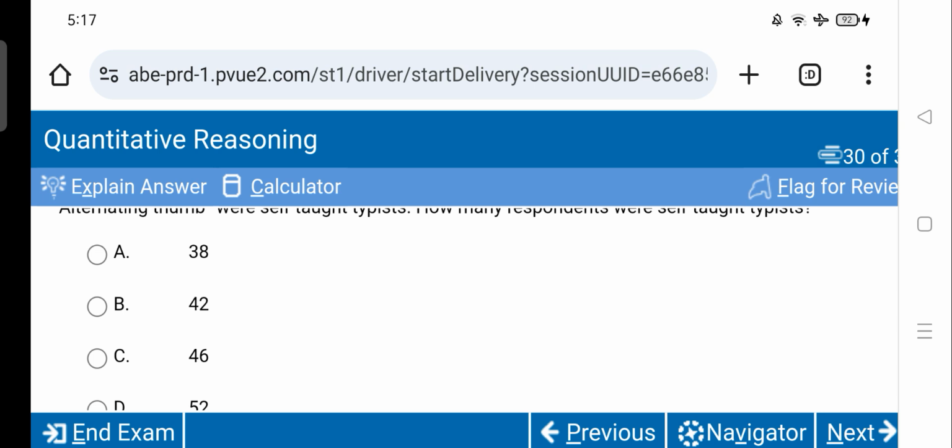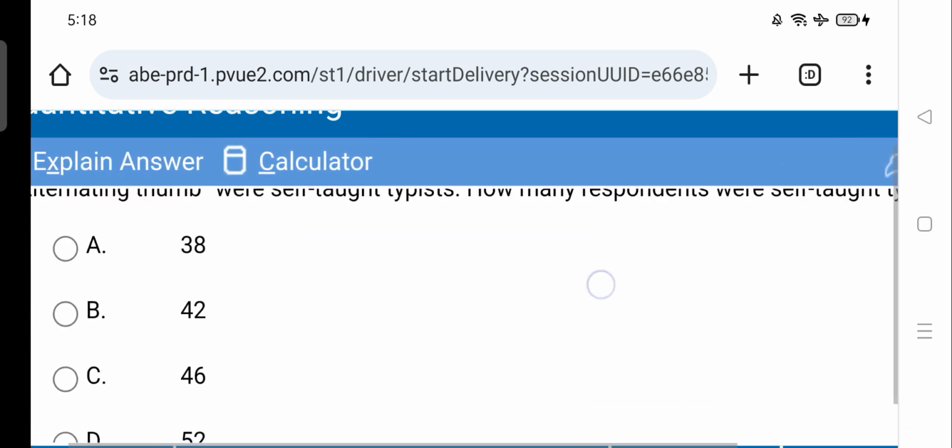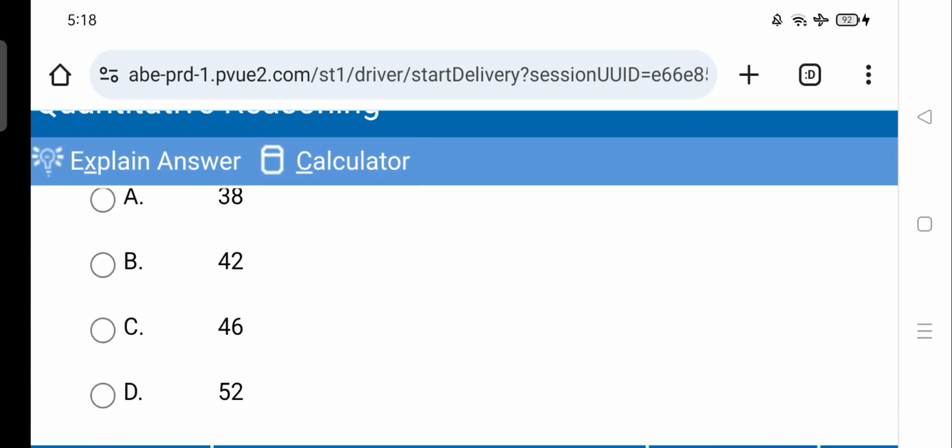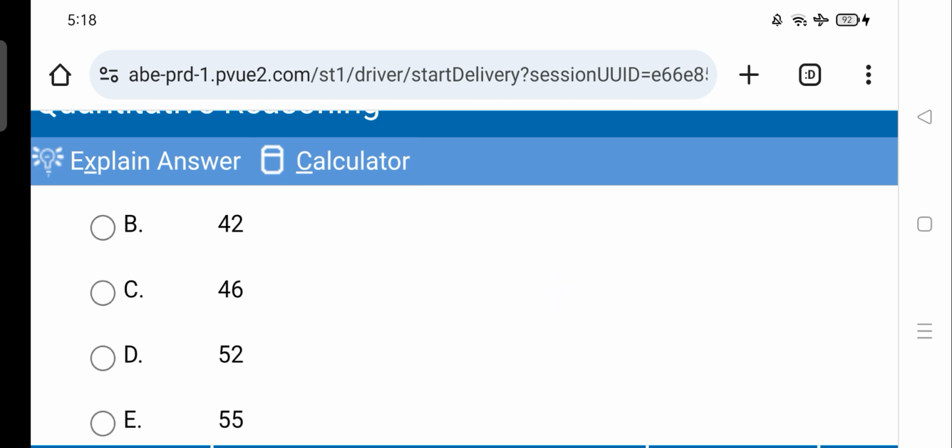Option A 38, option B 42, option C 46, option D 52, option E 55.